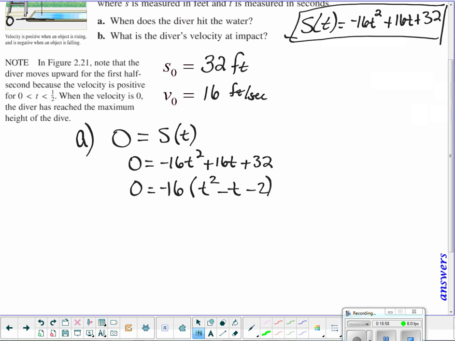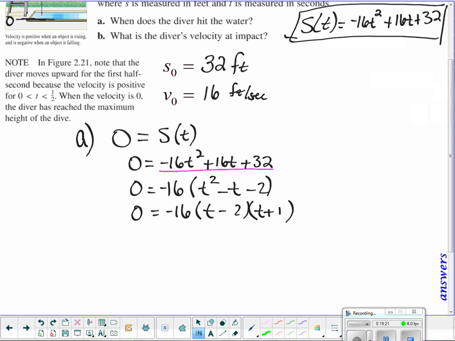Mentally double check to make sure you didn't make any errors, that it comes back out to that. Checks out, looks good. Now, in order to find the zeros, let's keep factoring. We did the GCF. Now this above us will actually factor into t minus 2 and t plus 1.